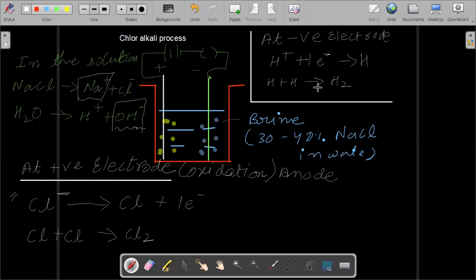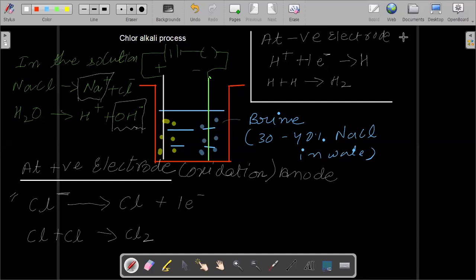Okay. So can we say here that reduction is taking place at the negative electrode? At the negative electrode, is there gain of electrons? Yes, sir. And the gain of electrons is called reduction.